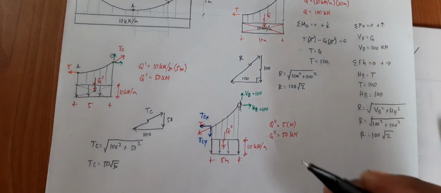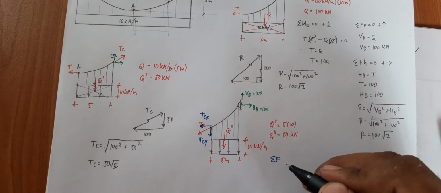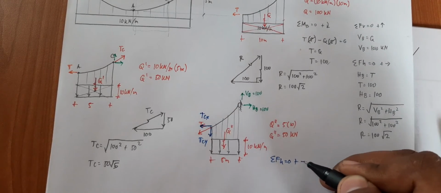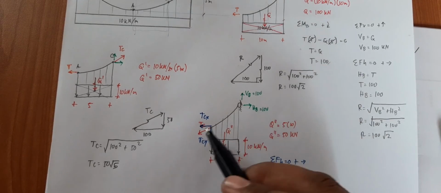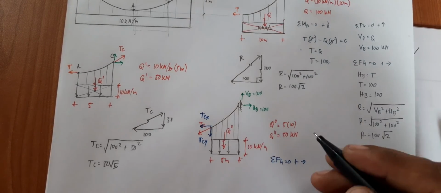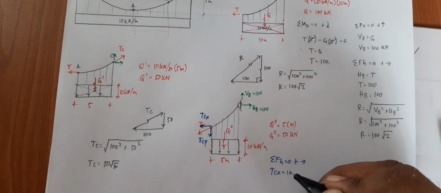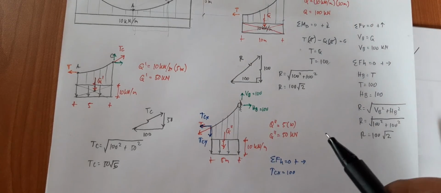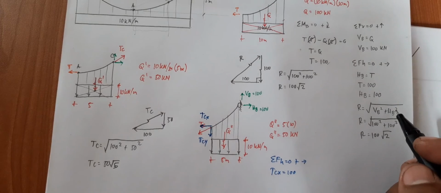Having summation of forces horizontal first, horizontal is equal to 0. Let's take positive going to the right. To the right you have HB. To the left you have TCX. There are only two horizontal forces. You can conclude that TCX is equal to 100. Again, that supports my statement a while back that every horizontal component at every point would be the same.